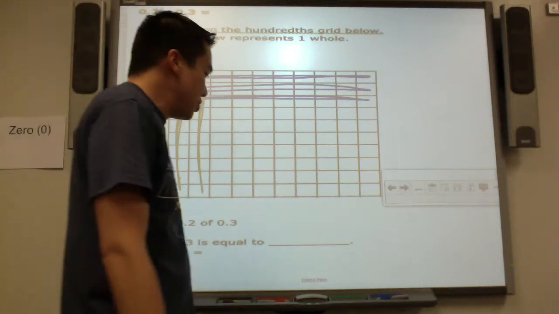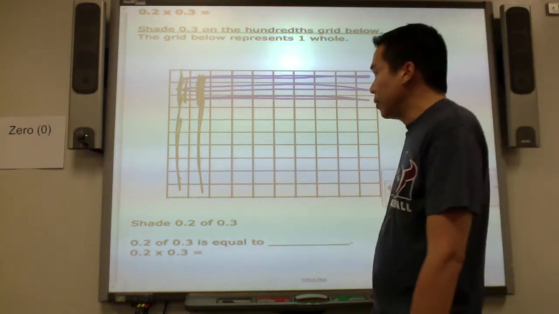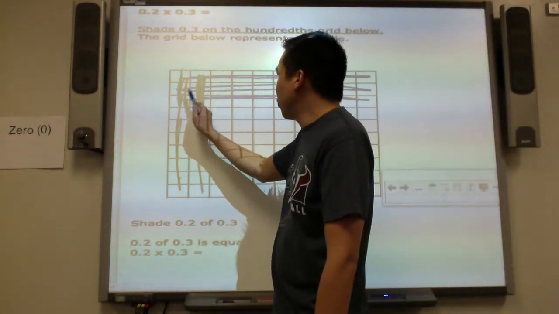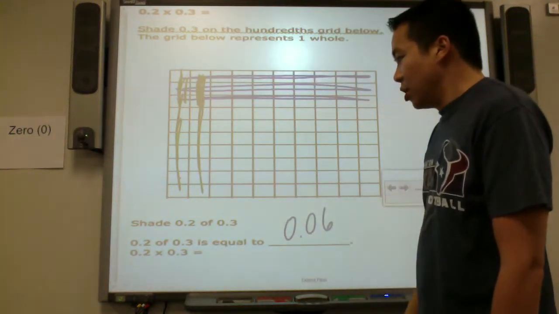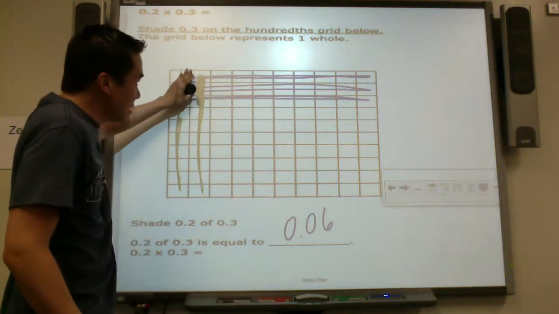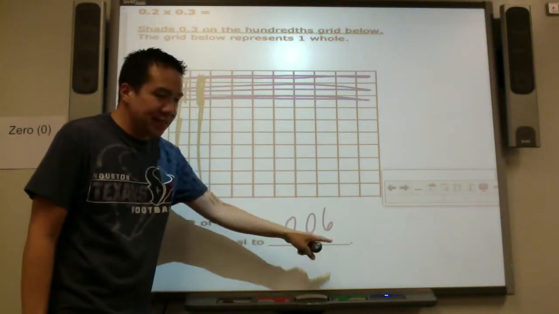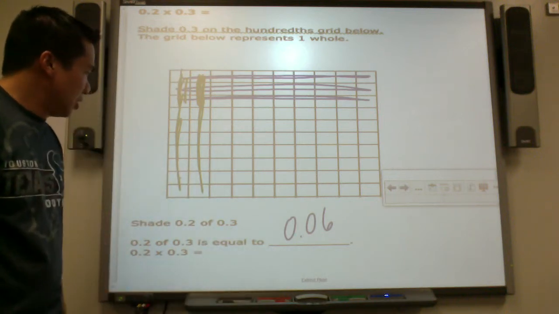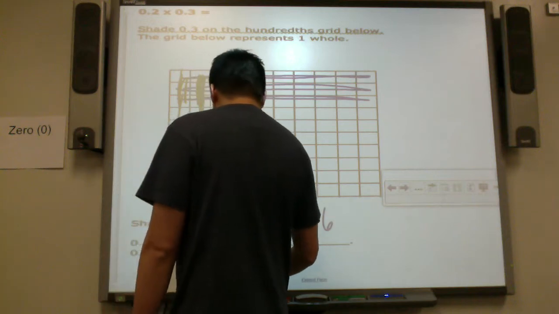How many hundredths are shaded crisscross twice? 1, 2, 3, 4, 5, 6 of them. 6 hundredths. So here's 3/10. 2 parts of it, or 2/10 of it, is 6 hundredths. So 2/10 times 3/10 is equal to 6 hundredths.